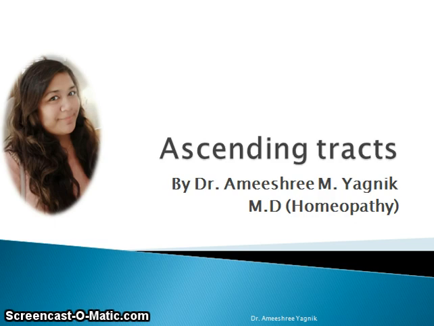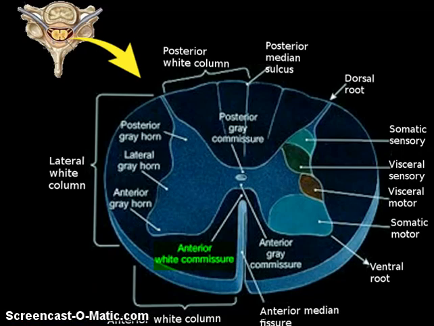Let's begin. So this is the image of the cross section of the spinal cord. These are the basic areas. This portion is known as the posterior part, and this part is known as the anterior part. The posterior part is also known as the dorsal part, and the anterior part is also known as the ventral part.